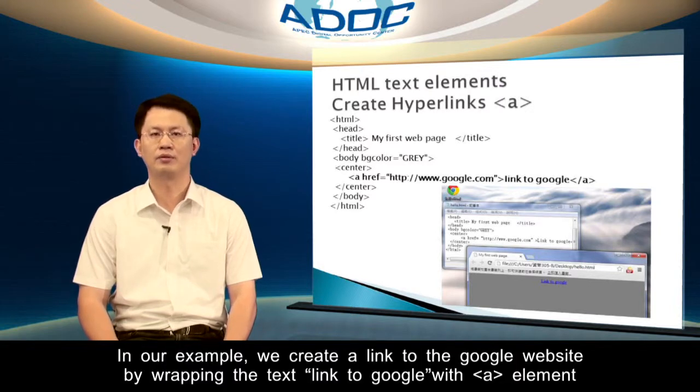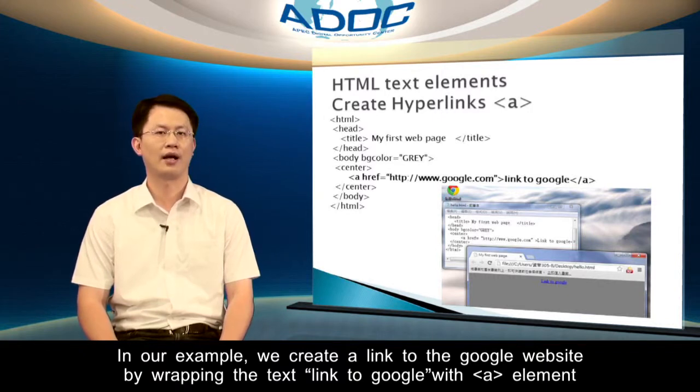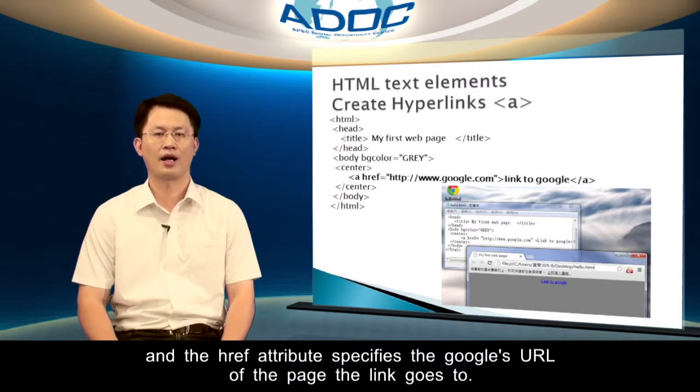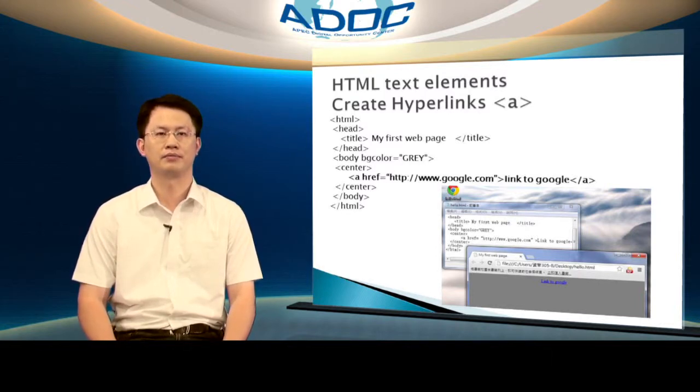In our examples, we create a link to the Google website by wrapping the text "link to Google" with an A element. The href attribute specifies the URL of the page the link goes to.